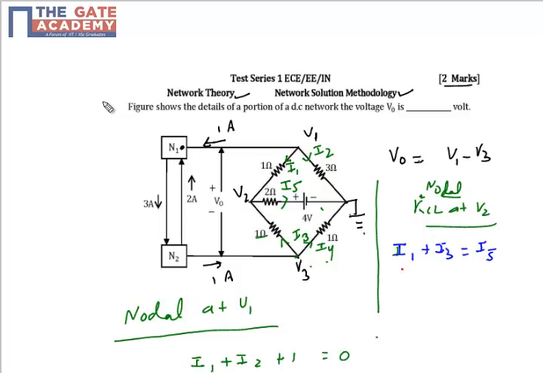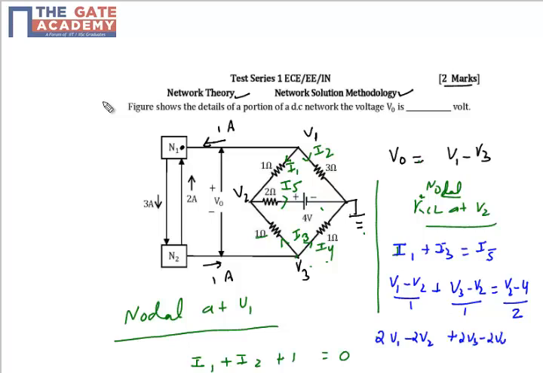So what is my I1? I1 is equal to (V1 minus V2) by 1. What is my I3? It is (V3 minus V2) by 1, which is equal to I5, which is (V2 minus 4) by 2. Again take the LCM. So 2V1 minus 2V2 plus 2V3 minus 2V2 is equal to V2 minus 4.